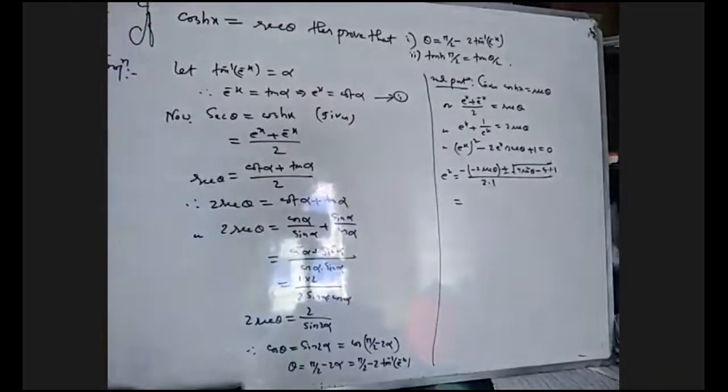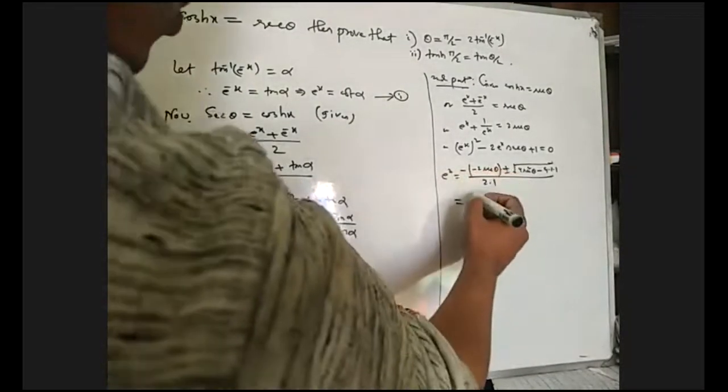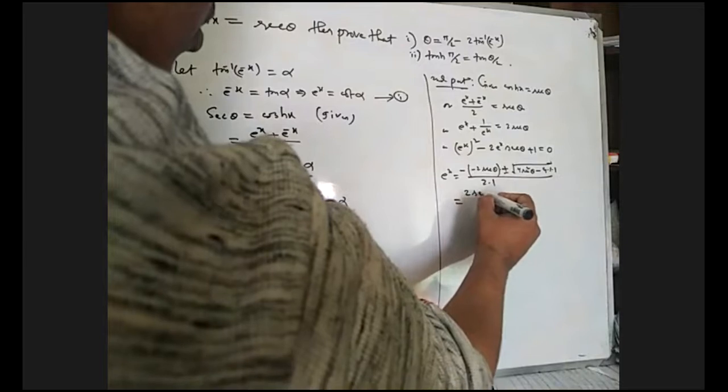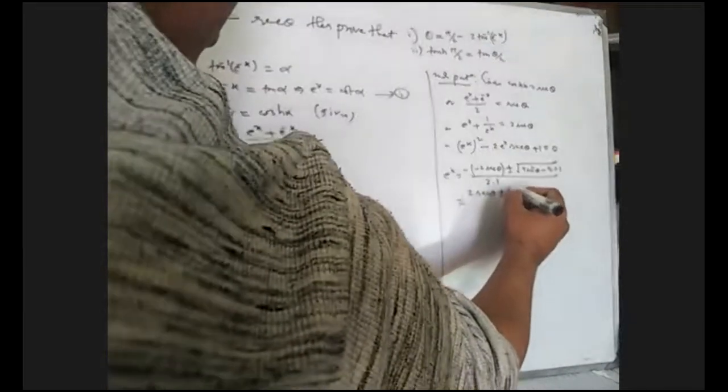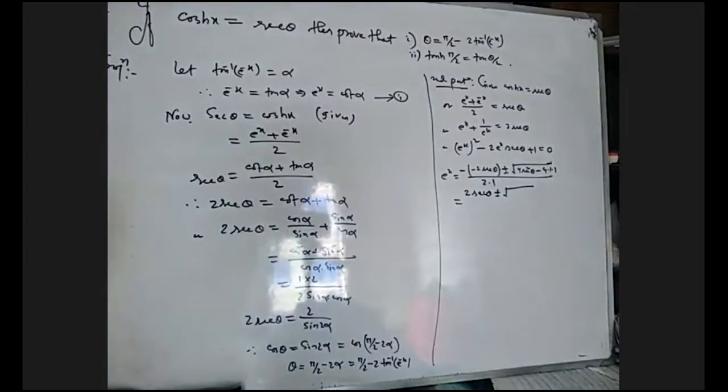So e to the power x equals, we can find here, minus minus plus 2 sec theta plus or minus the square root of sec squared theta minus 1, which is tan squared theta.